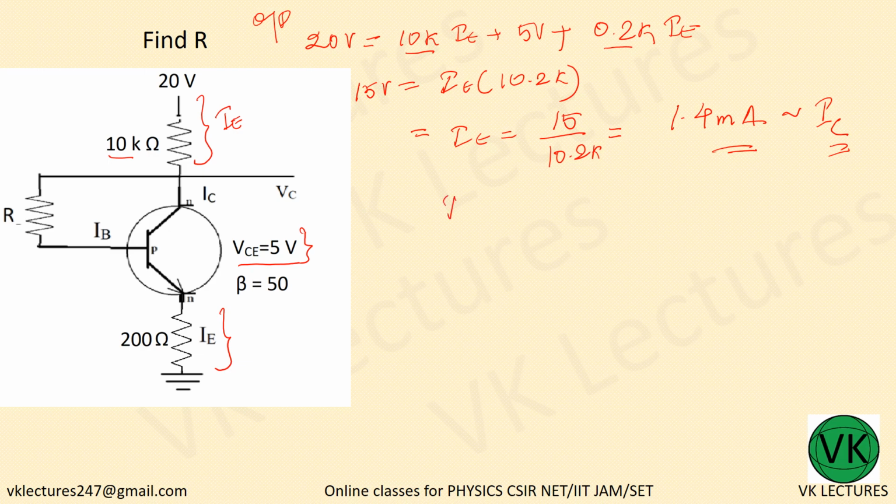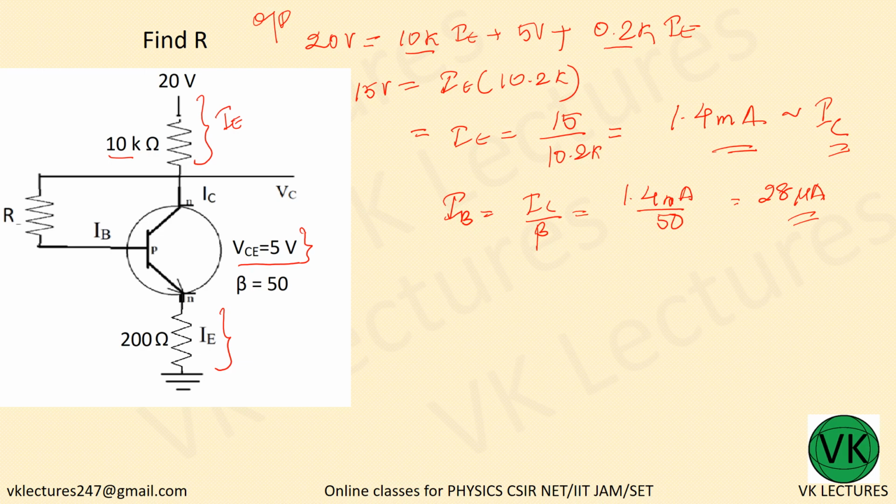Now what you want? IB. IB is equal to IC by beta. Beta is 50, so that is 1.4 milliampere by 50, which is equal to 28 microampere.